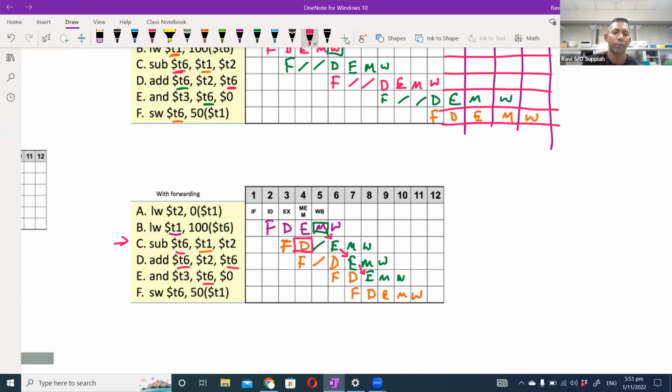So it is not possible for the decode stage to come here, because the earlier instruction is still stuck in the decode stage. That is why you have to stop instruction D in the fetch stage until the earlier instruction goes to the next stage. Then the decode stage is freed up, and I can move on.